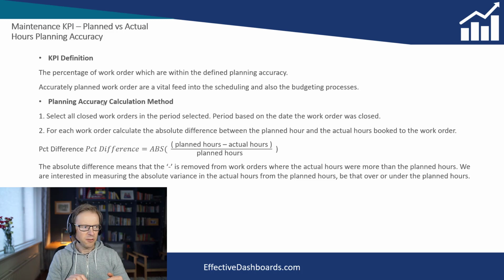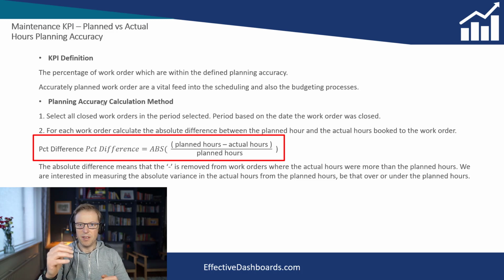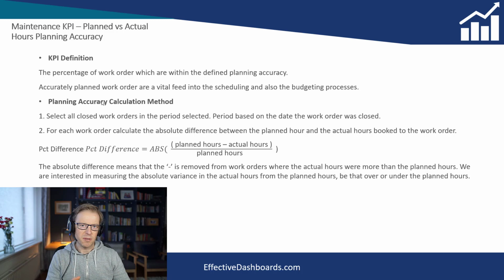We're going to get rid of the minus using that absolute, or if it was 15, the variance again would be 5. But in each instance, it's a 50% variance, 50% under, 50% over. But we're interested in that percentage difference. So that's the second thing we're going to do. And we're going to capture that information against each work order as a calculated column.